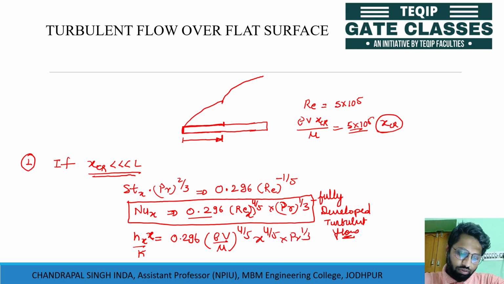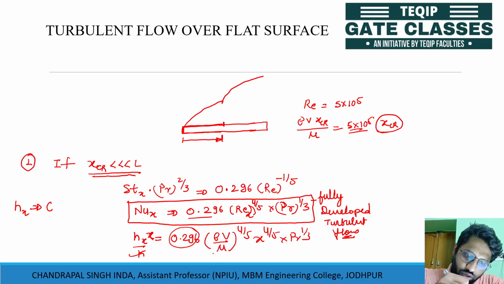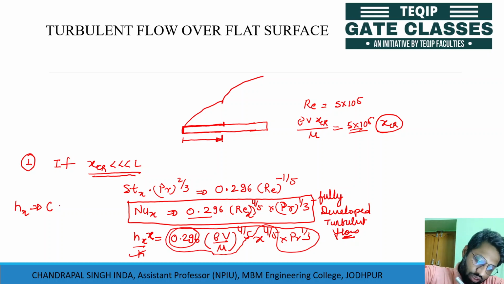So here we can have h x equal to a constant, as all these things are treated as constant values, times x raised to minus 1 by 5. So here we can also say that as the distance from the leading edge increases in the turbulent flow, the value of the local convective heat transfer coefficient decreases.